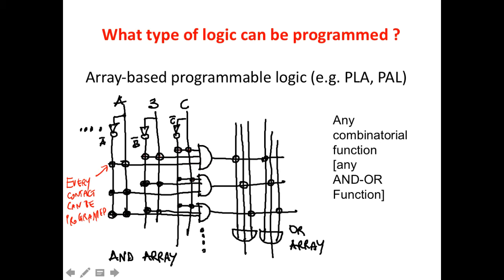And typically, the program happens by having this contact or not having this contact, each of those. So basically, this is perfect for some programmable logic. You can program every single contact here.